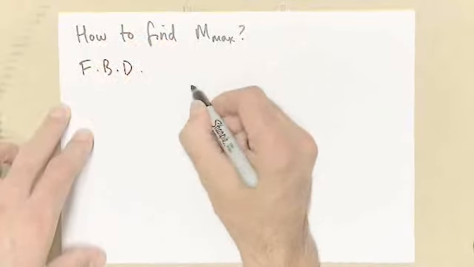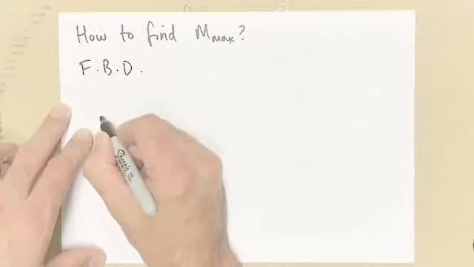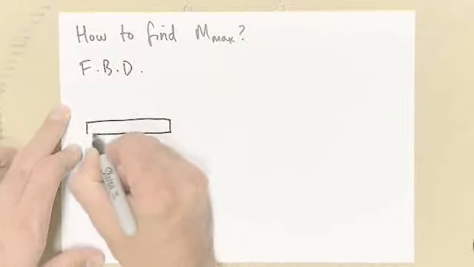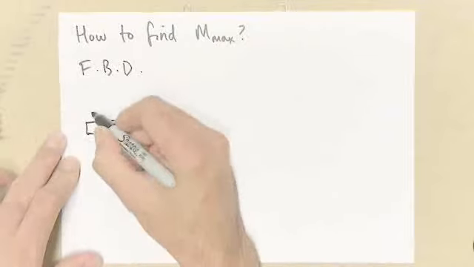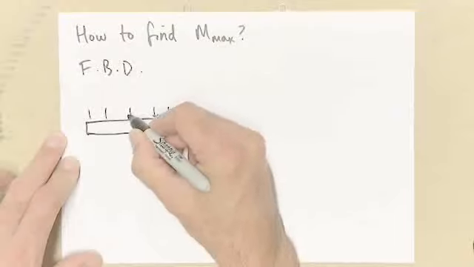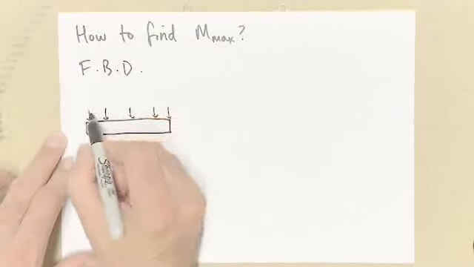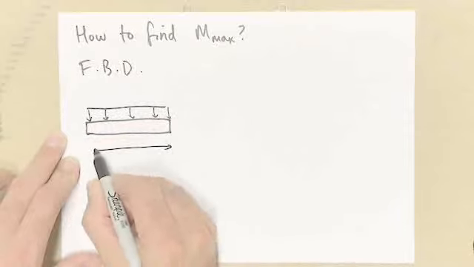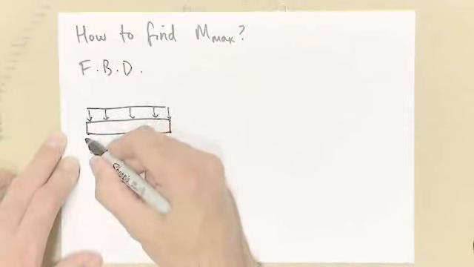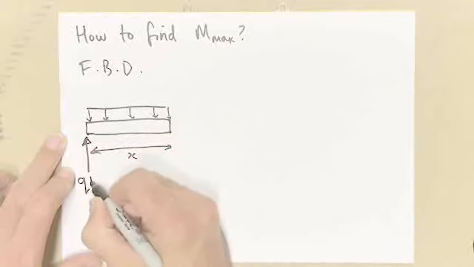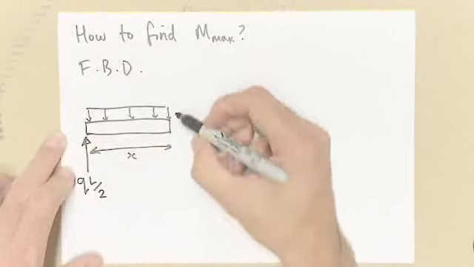We take a cut of this beam, it has a distributed load Q. We're just going to take a little cut, so this is a length X. There's a reaction here, so you could treat it just as a simply supported beam with a reaction QL/2.